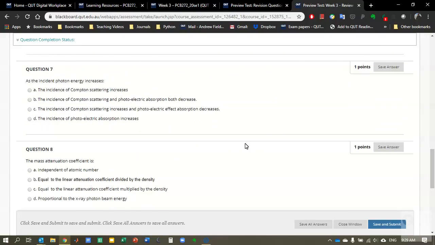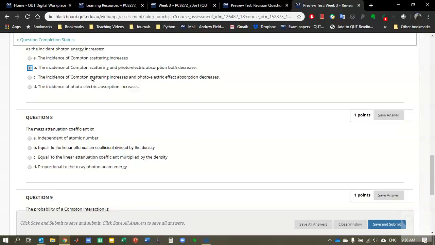Question 7. Decrease. I think in the notes I showed you a graph of Compton scattering. The photoelectric absorption decreases more quickly than the instance of Compton scattering.